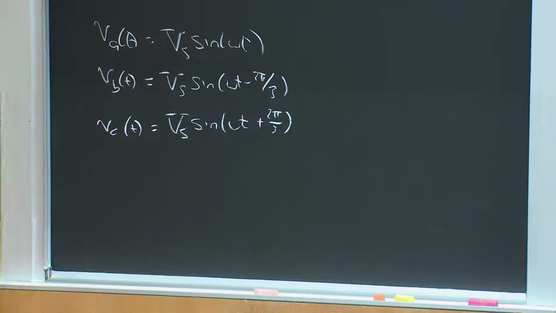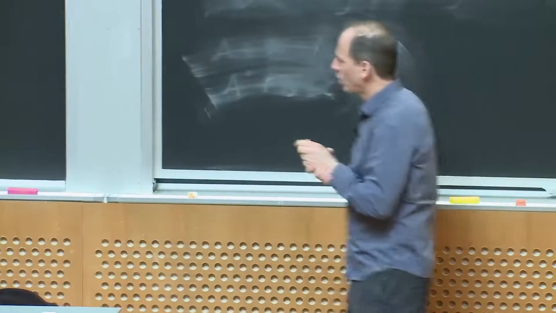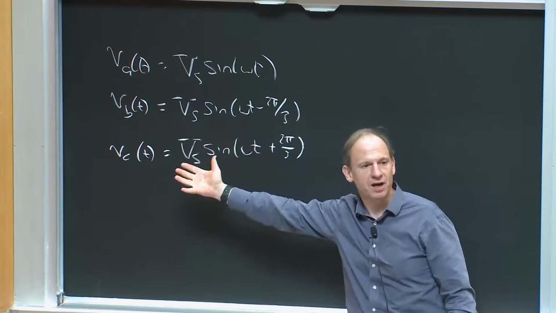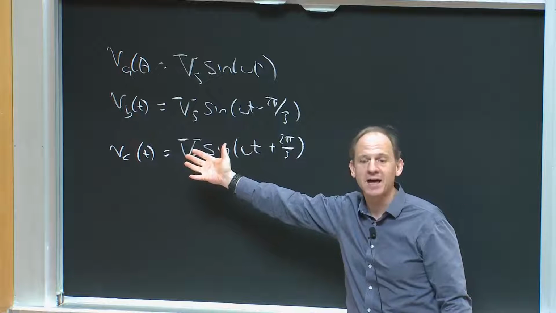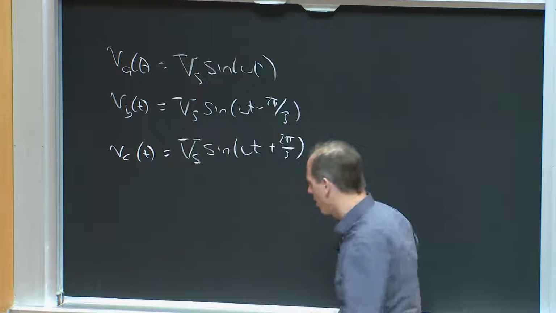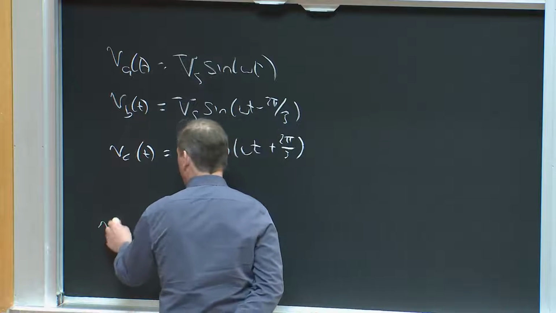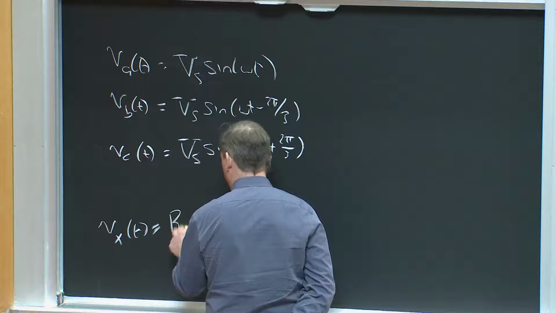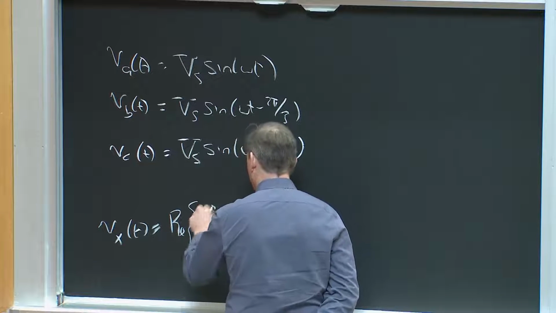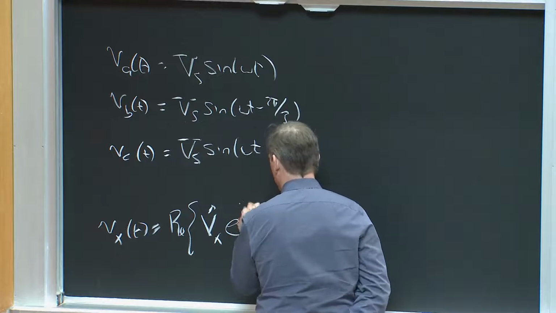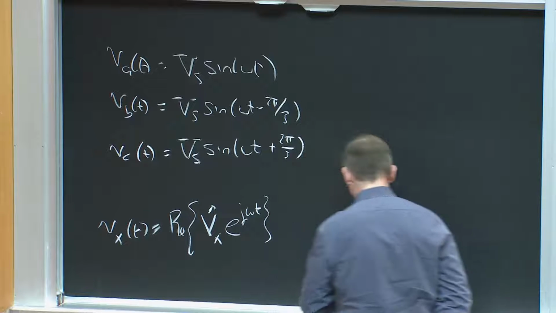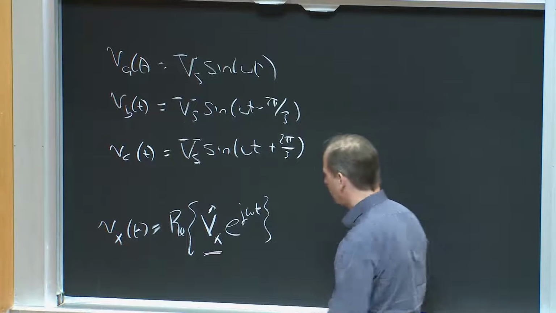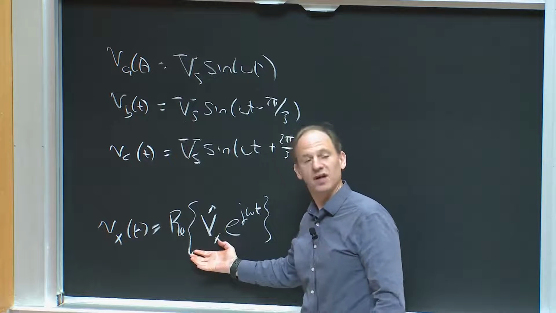Now, recall that we can write any of these sinusoidal time domain waveforms as phasors, right? So I can write Vx of t is equal to the real part of Vx hat e to the j omega t, where Vx hat is the phasor, which indicates the magnitude and phase of the sinusoid.